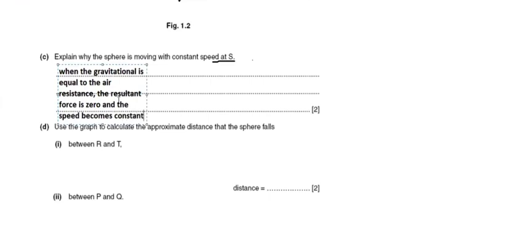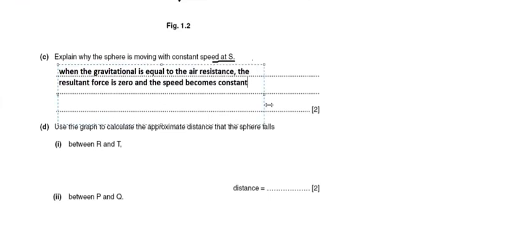In this way, we can write down when they are equal, the speed becomes constant, and the acceleration is nothing but 0. So that means when the speed becomes constant, the acceleration is nothing but 0. So there is no resultant force acting on the object.